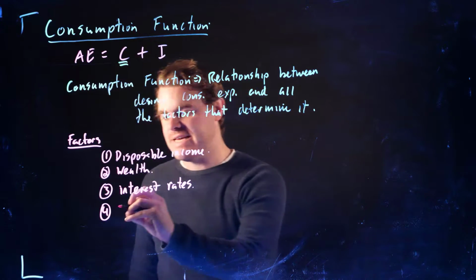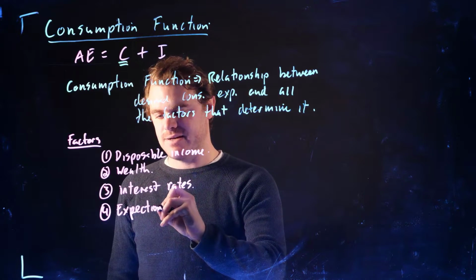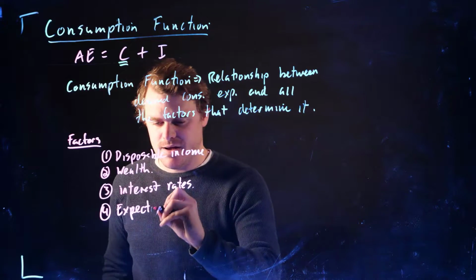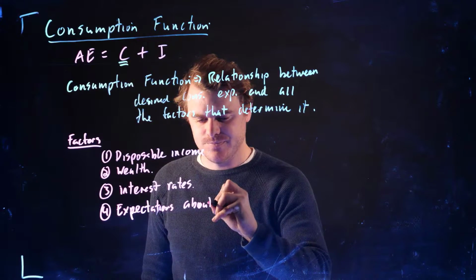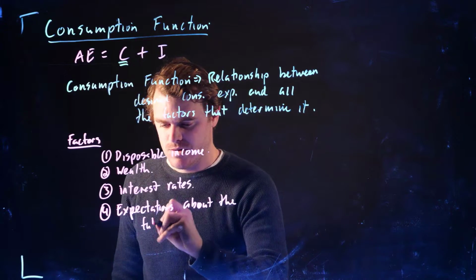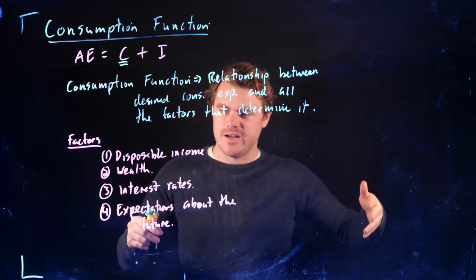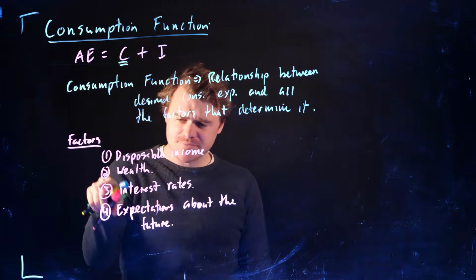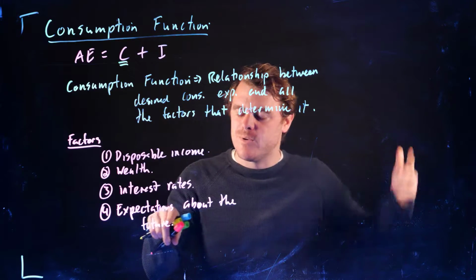And 4, expectations about the future. As I said, we're concentrating on current disposable income as influencing consumption, and not trying to model that people are actually forward-looking.